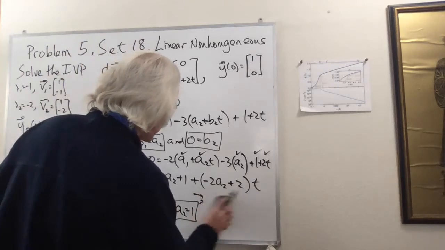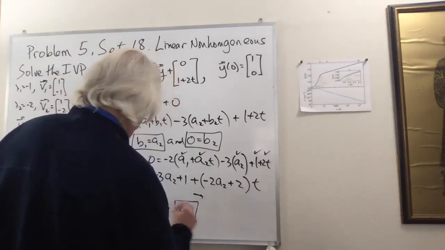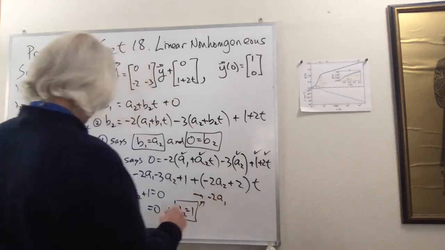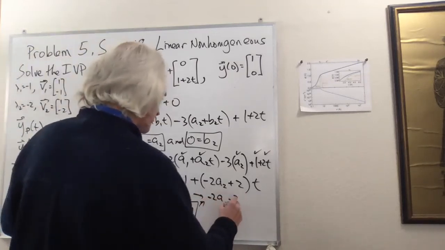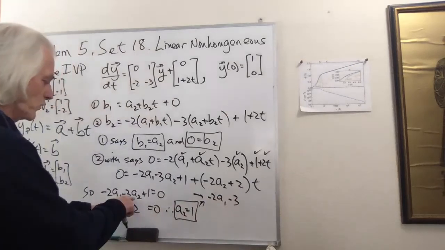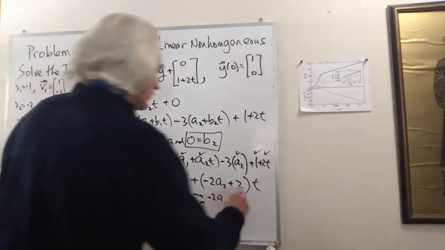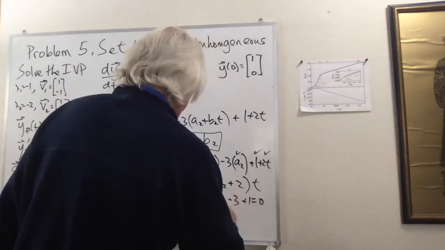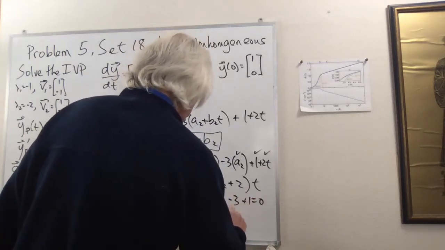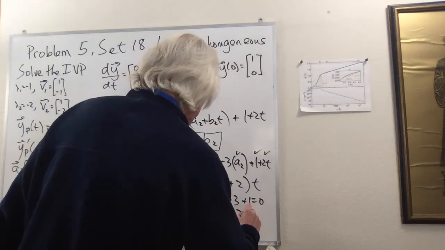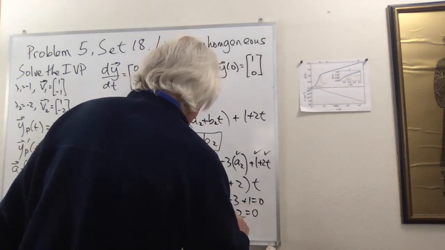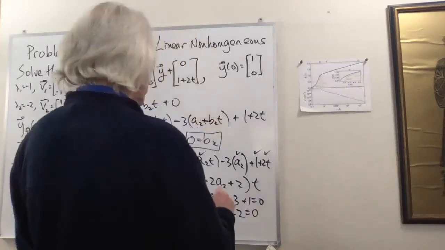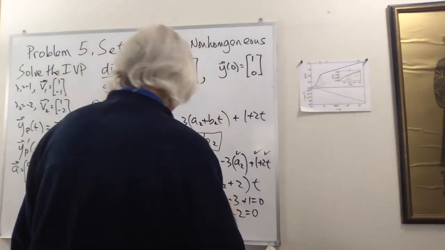I'm looking for A1. So negative 2A1 minus 3 times 1, plus 1 equals 0, or that's negative 2A1 minus 2 equals 0, or A1 is -1.